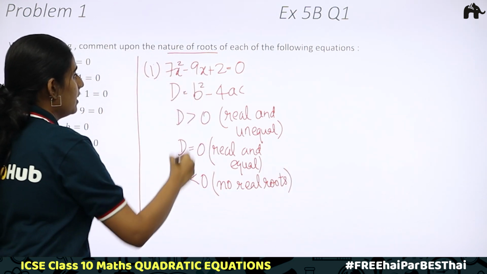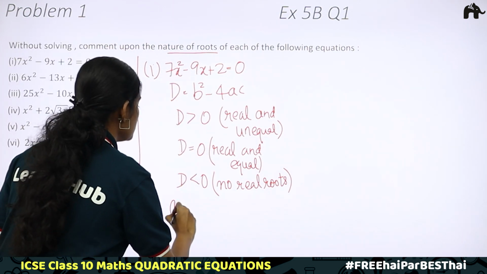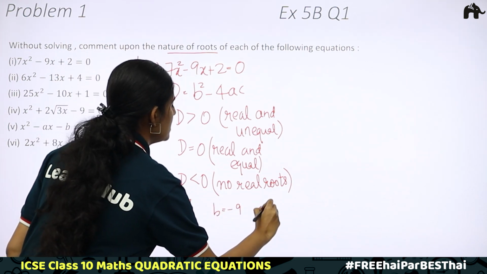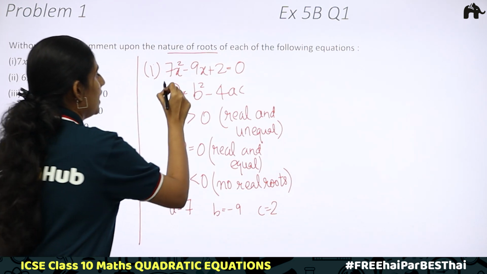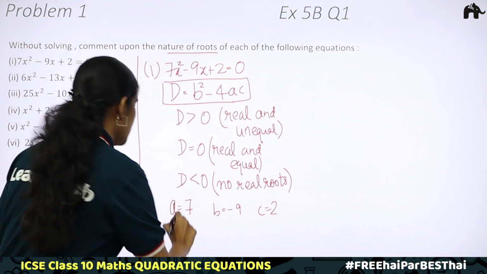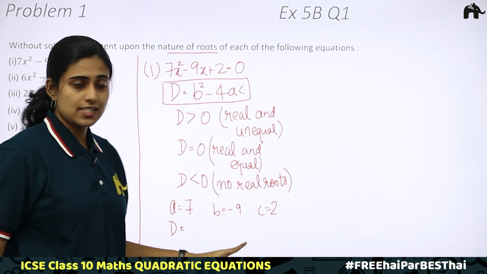Okay, fine. Here, comparing with the standard equation, we have A is equal to 7, B is equal to minus 9 and C is equal to 2. Substitute these values in the equation for finding the discriminant. D is equal to B square minus 4AC. B is equal to minus 9.